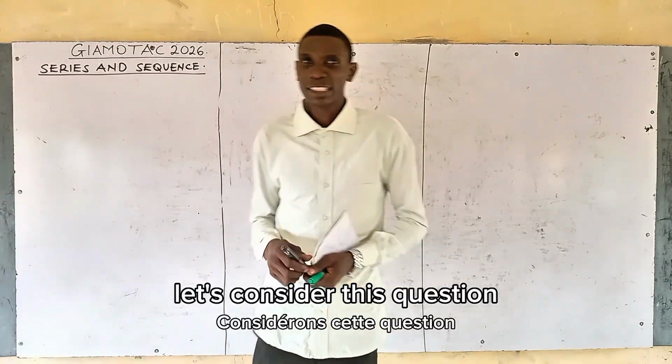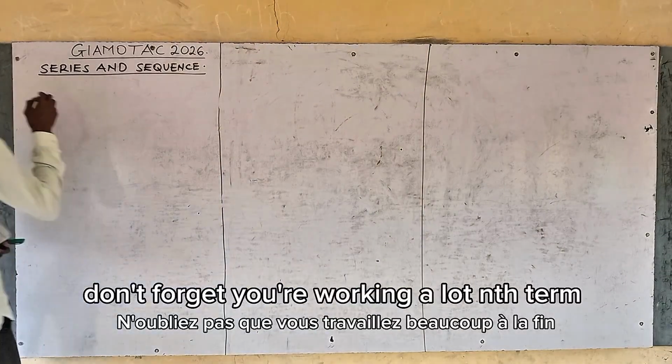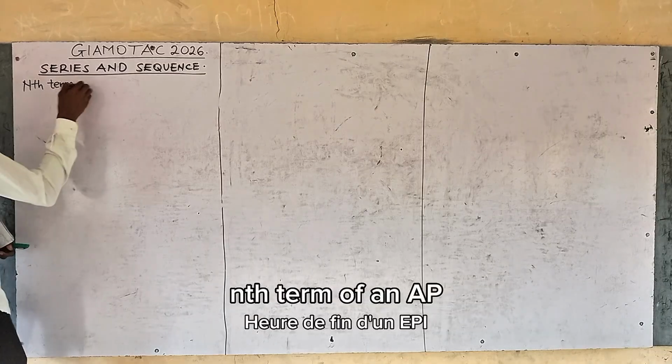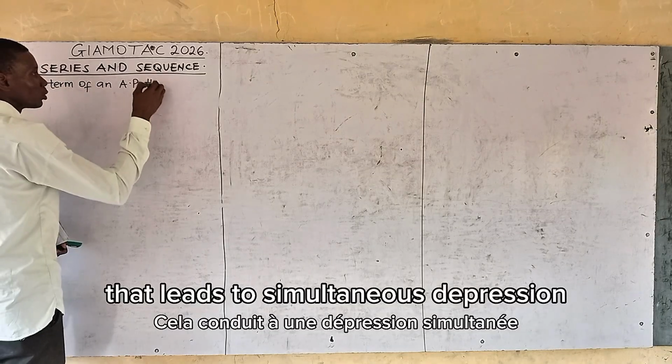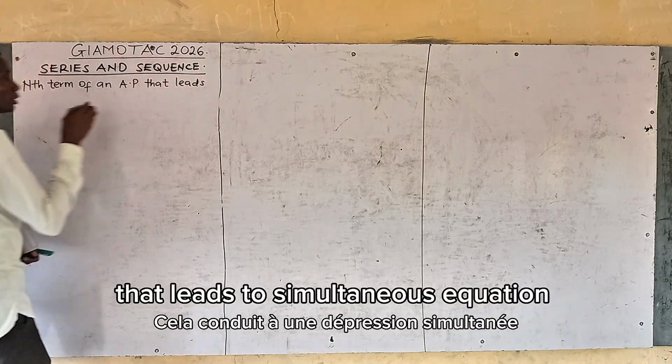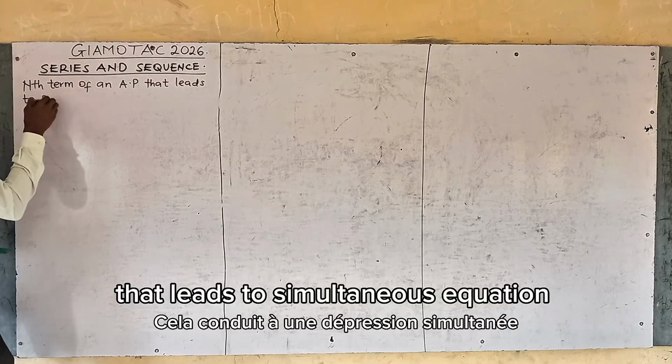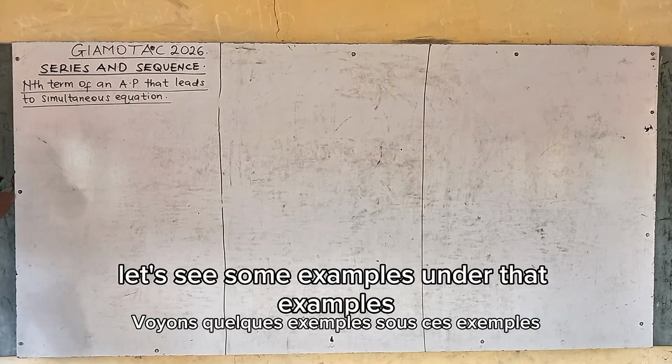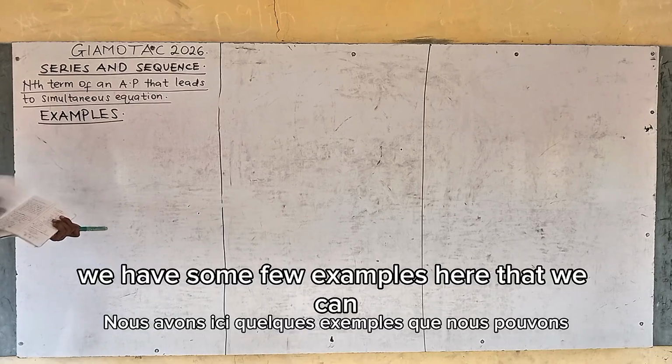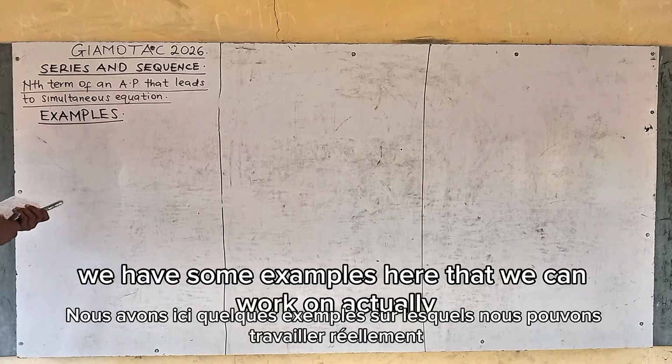Let's consider this question. Don't forget you are working on the nth term of an AP that leads to simultaneous equations. So let's see some examples under that.